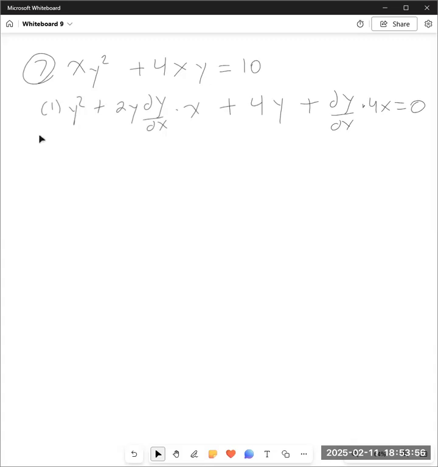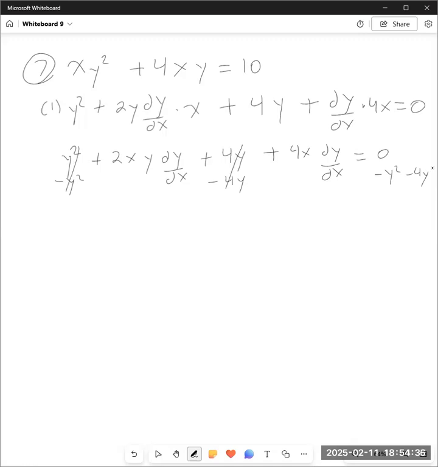So we have y squared plus 2xy dy dx plus 4y plus 4x dy dx is equal to 0. So we're going to subtract y squared, and we're going to subtract 4y to get rid of the terms that don't have any dy dx's in them to get them to the other side of the equation.